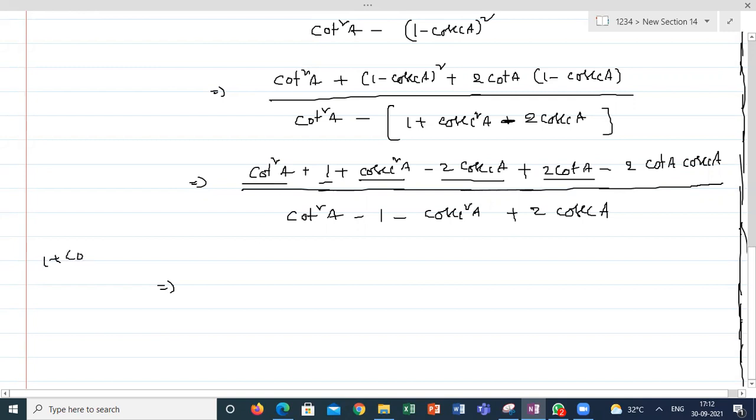I can use 1 plus cot square A equals cosecant square A. So this whole term can be replaced with cosecant square A. So cosecant square A plus cosecant square A minus 2 cosecant A plus 2 cot A.